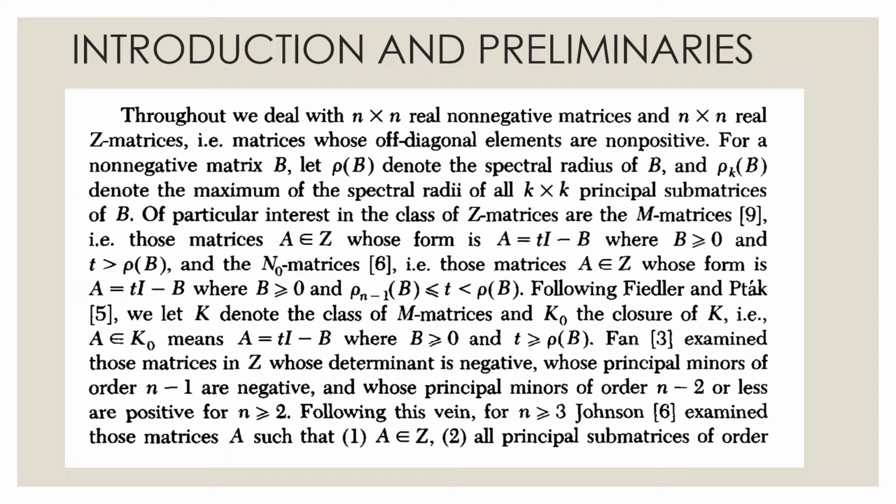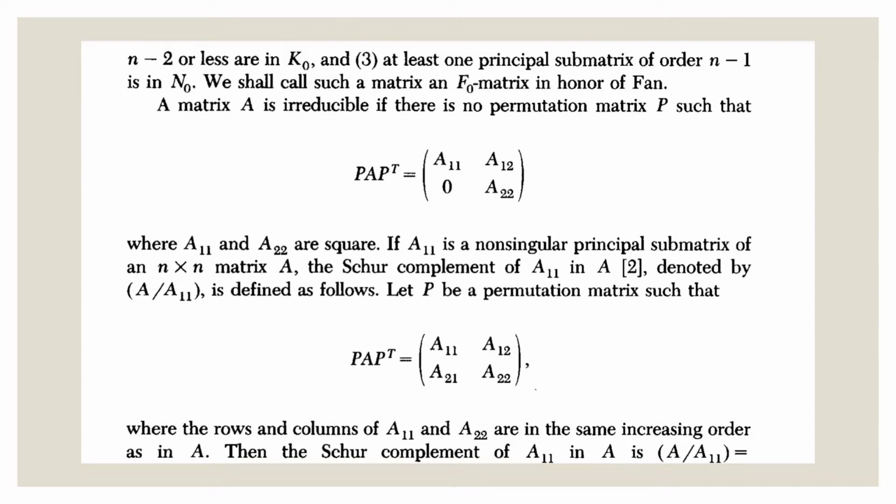Turning this around, for n greater than or equal to 2, we examine those matrices A such that principal submatrices of order n−2 or less are in K0, and at least one principal submatrix of order n−1 is in N0. We shall call such a matrix an F0 matrix in honor of Fan.